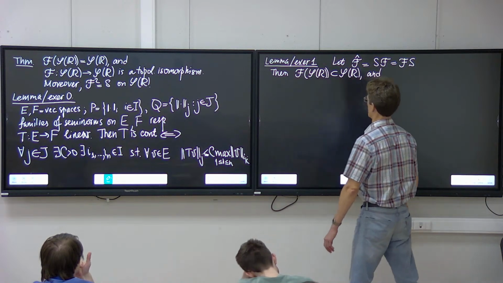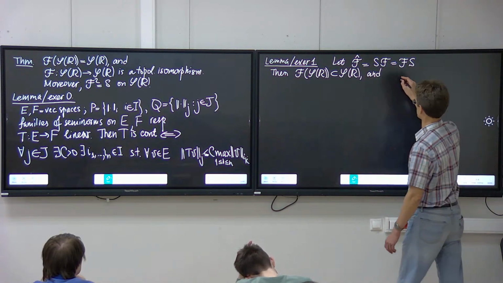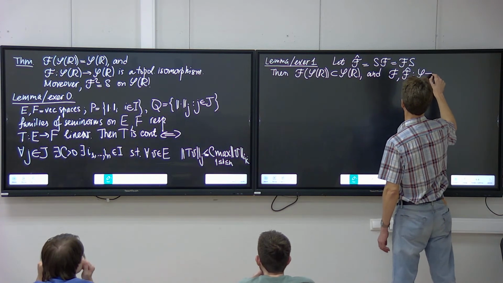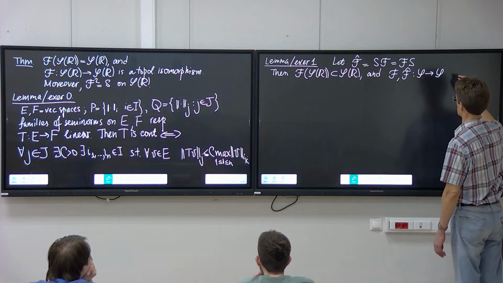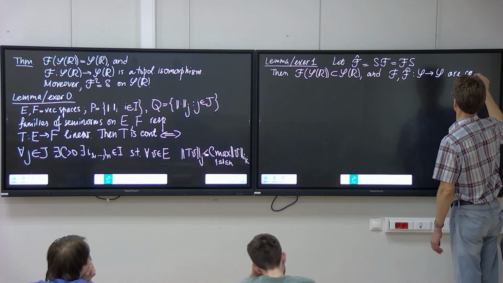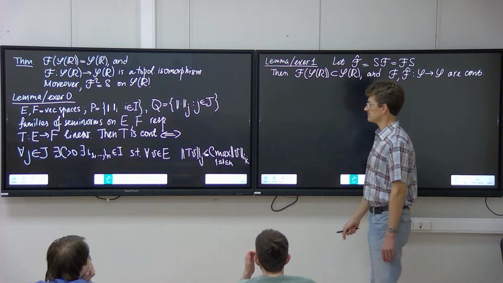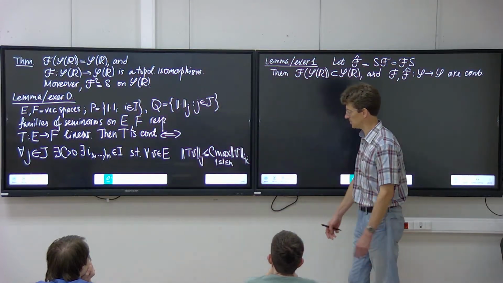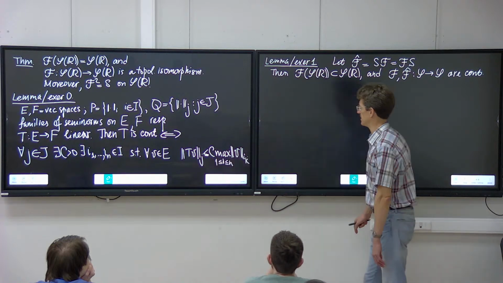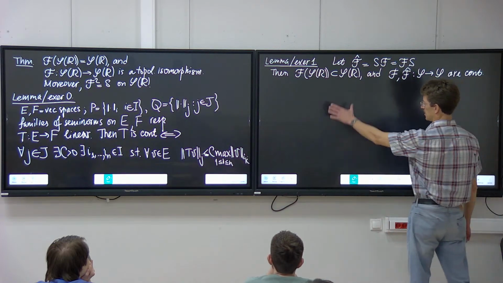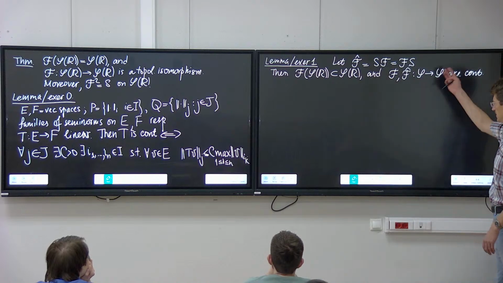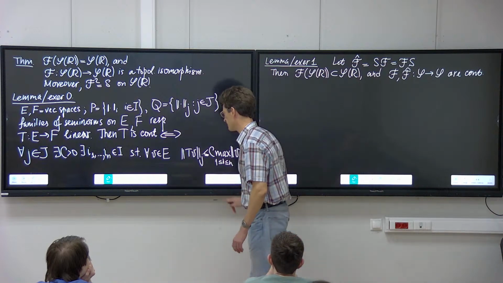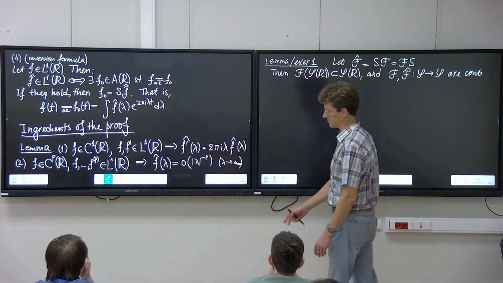And moreover, F together with F hat are continuous maps from the Schwartz space to itself. Well, the best way to prove the continuity is just to apply lemma 0. And this inclusion, together with the continuity itself, is based on these properties of the Fourier transform.